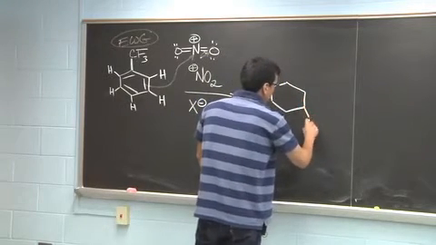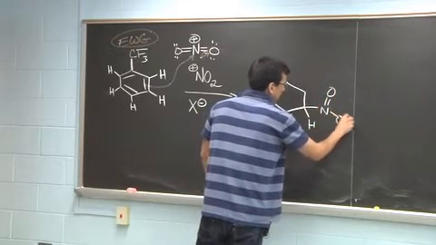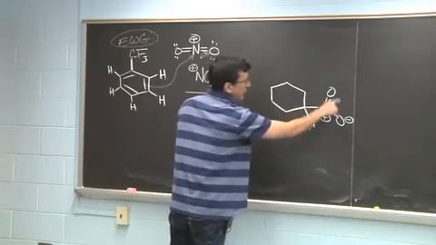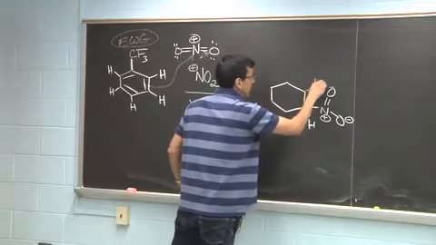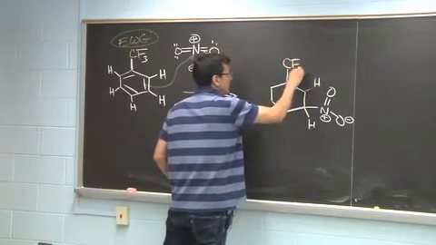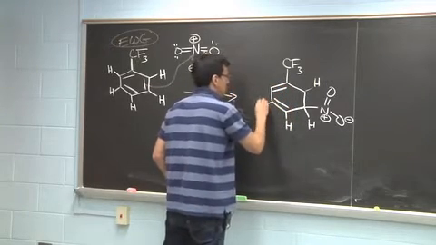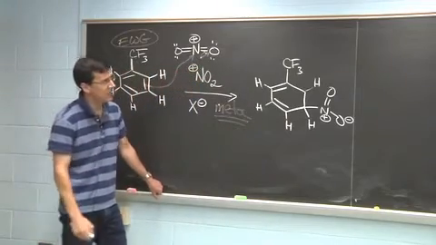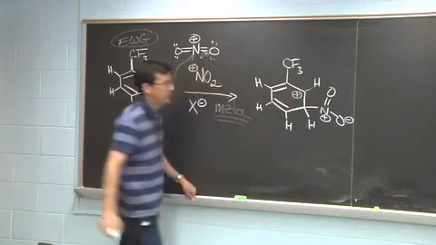So in this case, we would want to have the nitro group, this NO2 group, connected to the meta carbon. And so we would end up with that intermediate, and the positive charge is here.